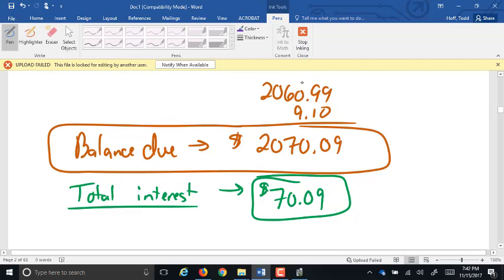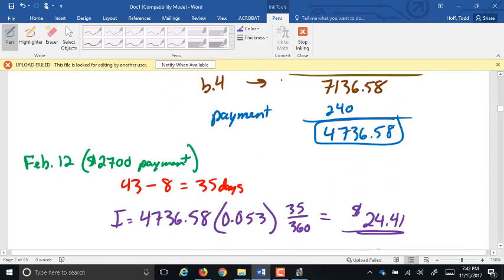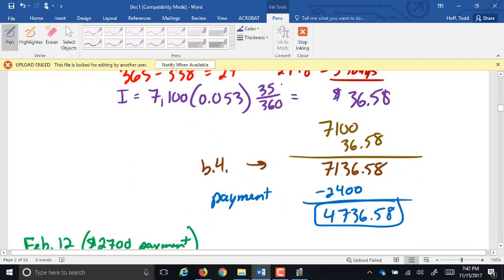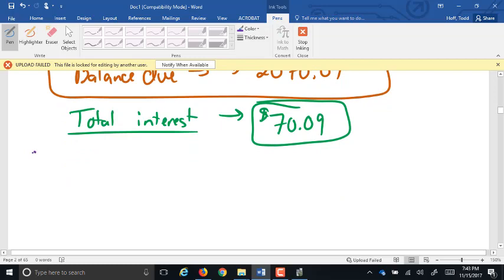Now for the interest saved, we have to go back to the original amount, which was the $7,100, and figure out what the interest would have been.